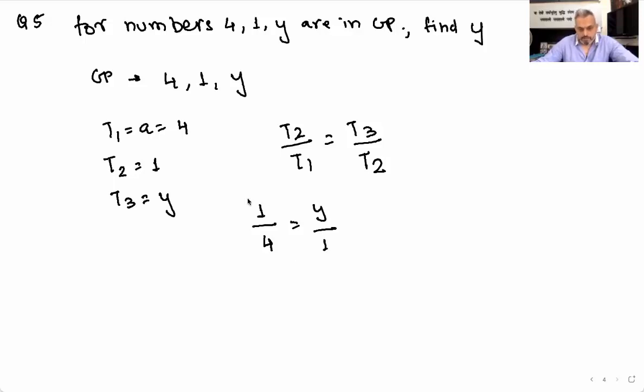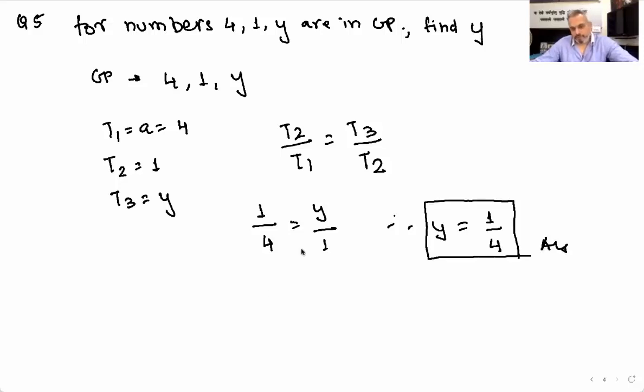So 1 यहाँ पे चला जाएगा, 1 square. Therefore y is equal to, y upon 1 is also y, so directly also you can write 1 by 4. Answer. 1 into 1, 1 square, which is equal to 1 only, so 1 by 4 is the answer.